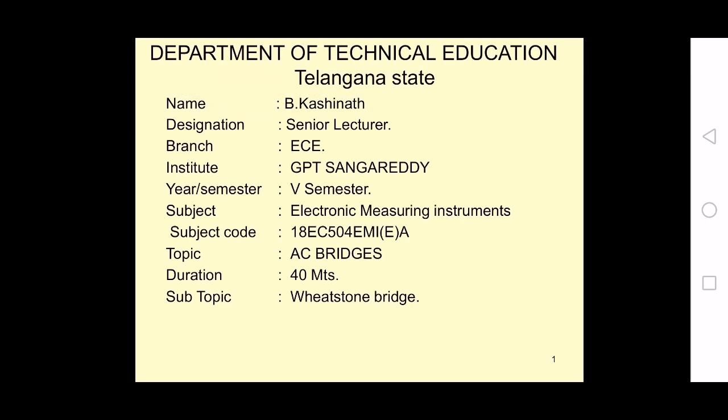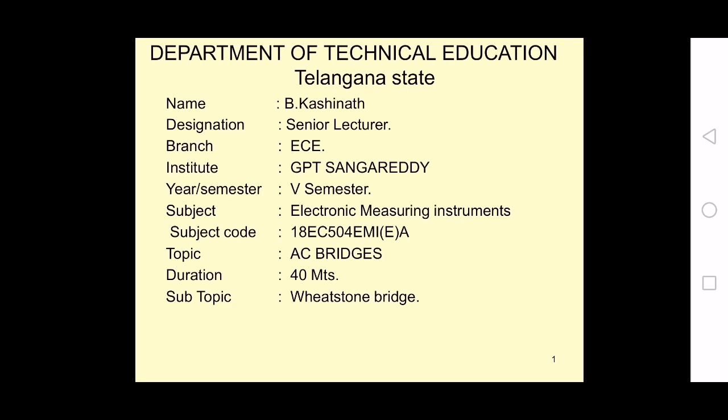As this subject comes under the elective mode, I put E in brackets, and it is the first option of elective. In A and B electives, this one is the first option, so it is A. So completely it is 18 EC 504 EMI elective, first option A.